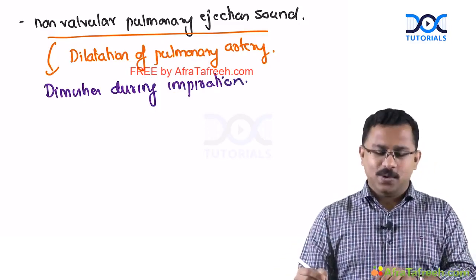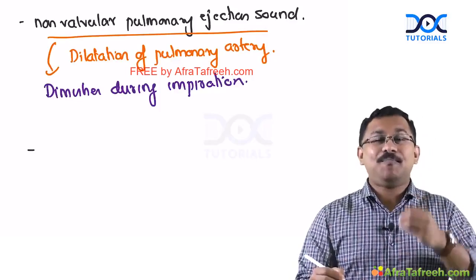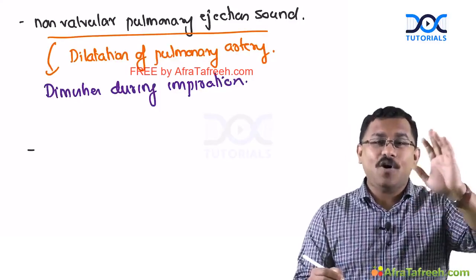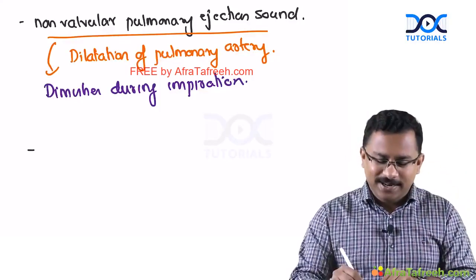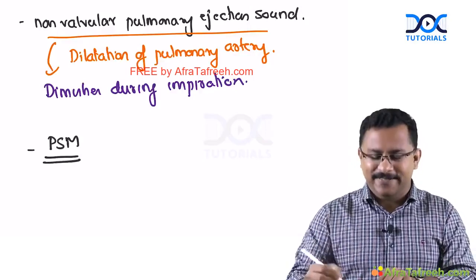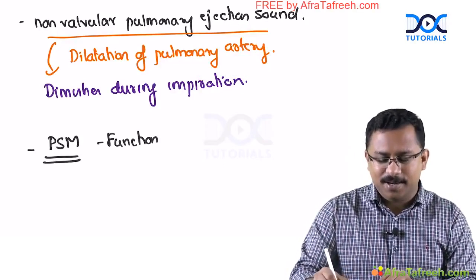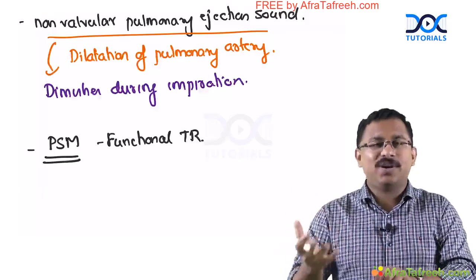Also you can have a pansystolic murmur of a functional TR. I already told you, you can have development of a tricuspid regurgitation. It is a functional TR because there is no actual valve disease.